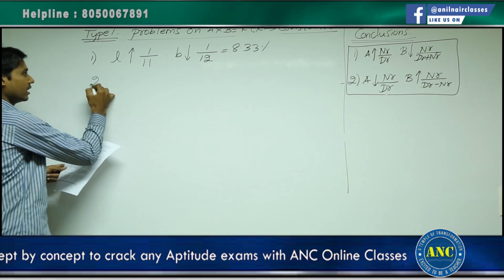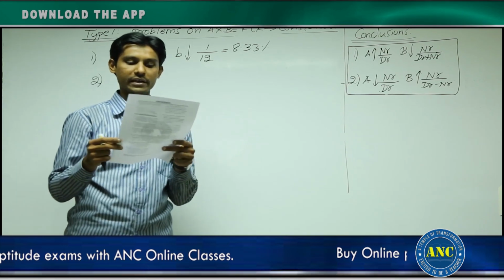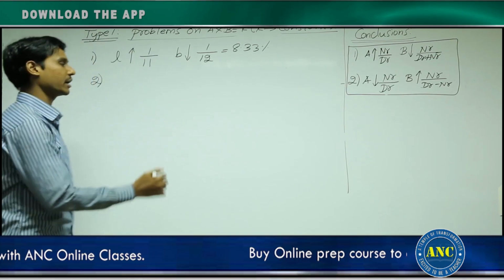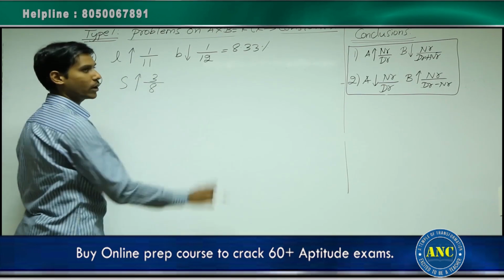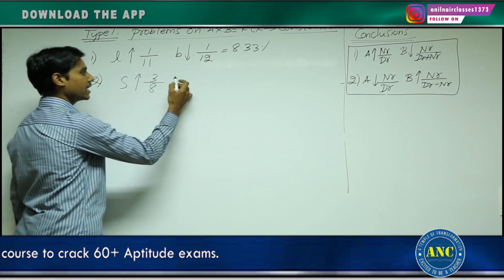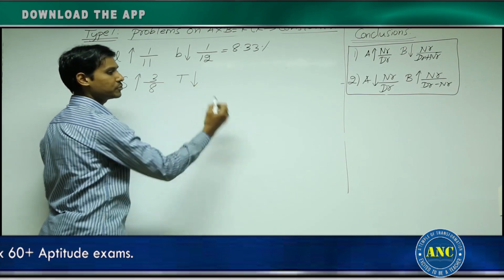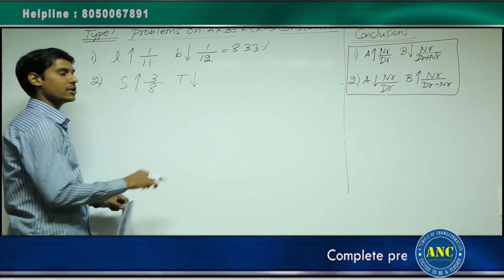Please don't write. Listen to this. Second question: the speed of a moving body increases by 37.5%. 37.5% is 3 by 8. Speed increases by 3 by 8. If speed increases, the time should decrease because distance is constant. By what value should it decrease?